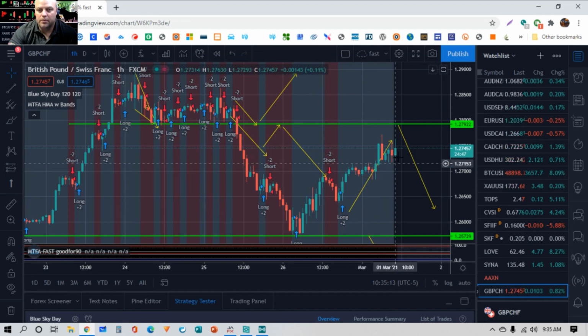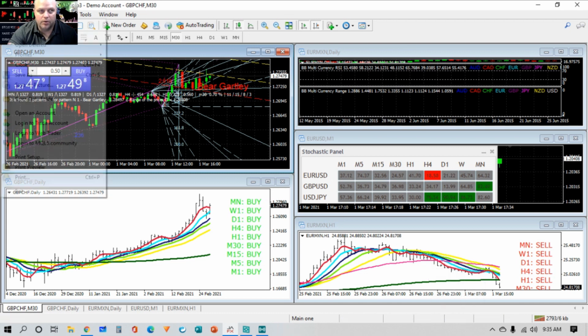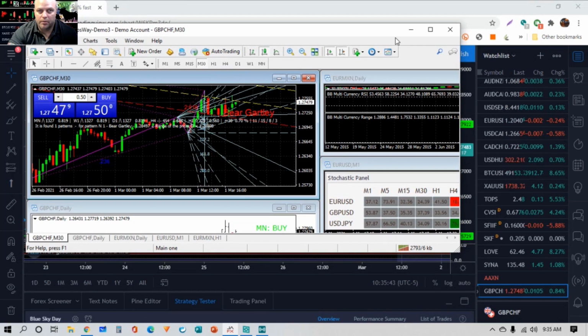Because some of these currencies you see with different brokers, their candles are different sometimes. So you always try to make sure you have the exact broker with the exact currency you're trading. So if you go to this one, I got Hoover Ways. This is my demo. I got Hoover Ways, but on my phone, this is actually my real account, which I'm not going to go to, is who I use with my real account.